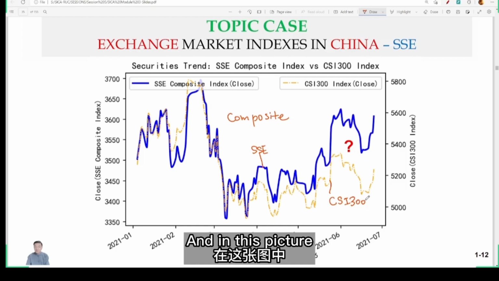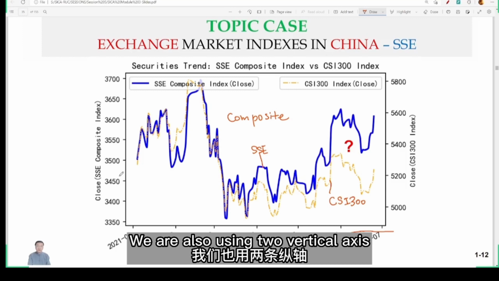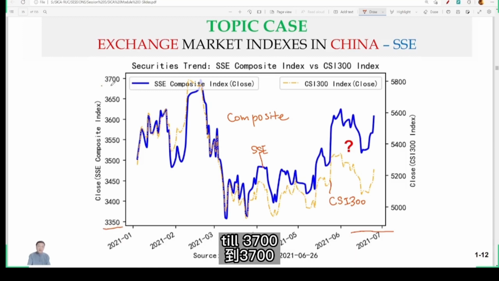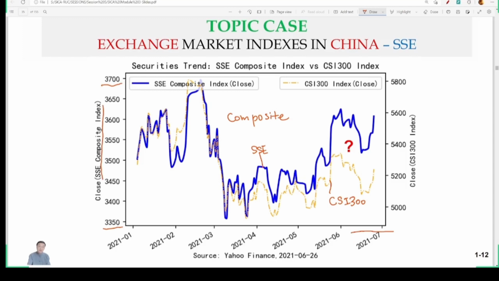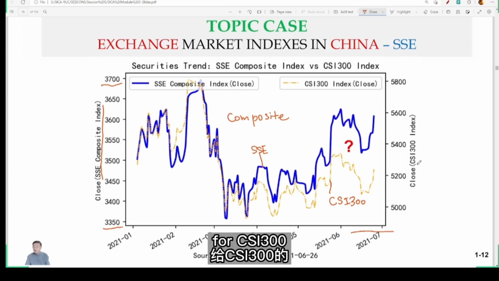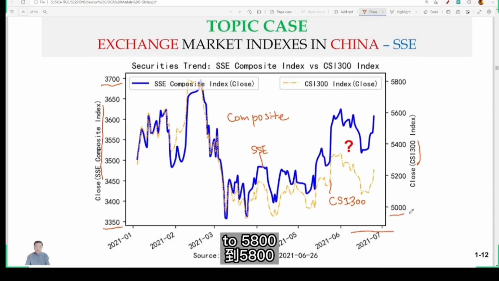In this picture, these are the dates. We are also using two vertical axes. The left one, its order of magnitude is from 3,350 till 3,700. It is for the SSE Composite Index. And the right side is for CSI 300. Its order of magnitude is from 5,000 to 5,800.